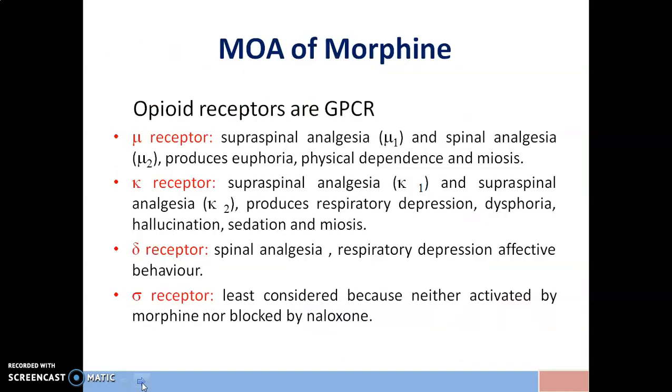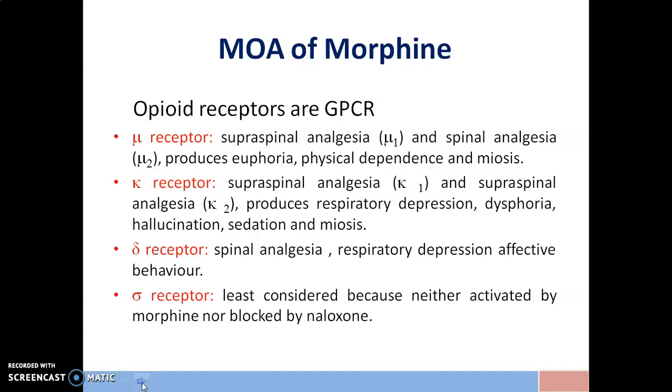Mechanism of action of morphine. Opioid receptors are G protein coupled receptors. Opioid analgesic drugs bind to opioid receptors and induce analgesic action. There are different types of opioid receptors, that is mu receptor, kappa receptor, delta receptor and sigma receptor.